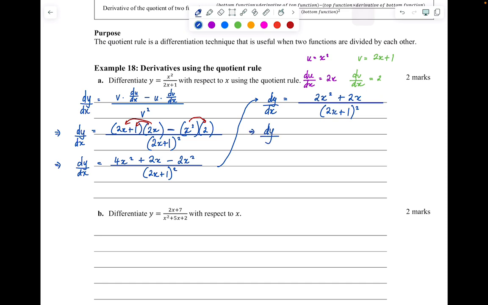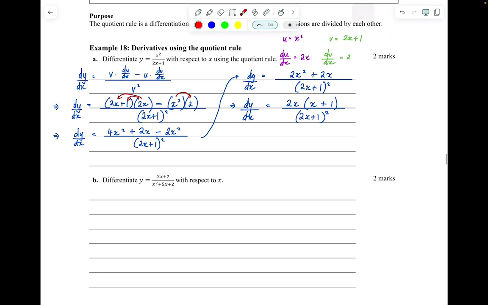I think we can also factorize the numerator. Let's take out a highest common factor of 2x. We're left with x plus 1 in the numerator. Now you can see that the numerator and the denominator unfortunately cannot cancel out. There are no common brackets to cancel out. So we're happy with that. We can leave that there.